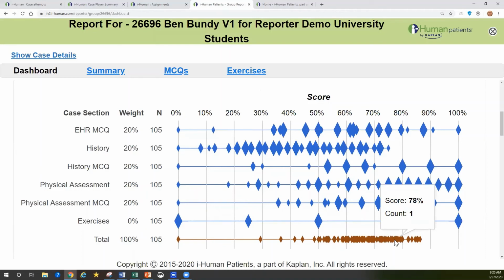Excellent. So we place our threshold at about 63.8 to 64% is considered passing. When you are debriefing your students, you can bring up these reports, and there are some other reports that drill down even further into the types of questions that were asked, how many questions were asked in the history, as well as how many physical assessments were performed, et cetera.